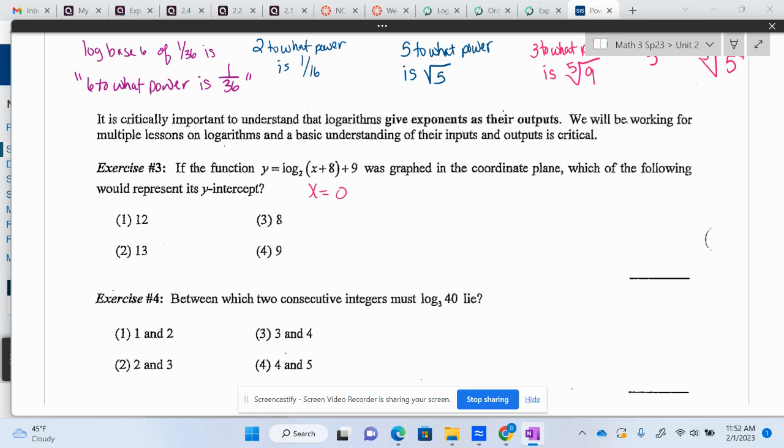So this function is just saying what power of 2 is 8, and whatever that is, I want you to add 9 to it. So what power of 2 is 8? Yeah, 2 to the 3rd power is 8. So 3 plus 9 is 12.